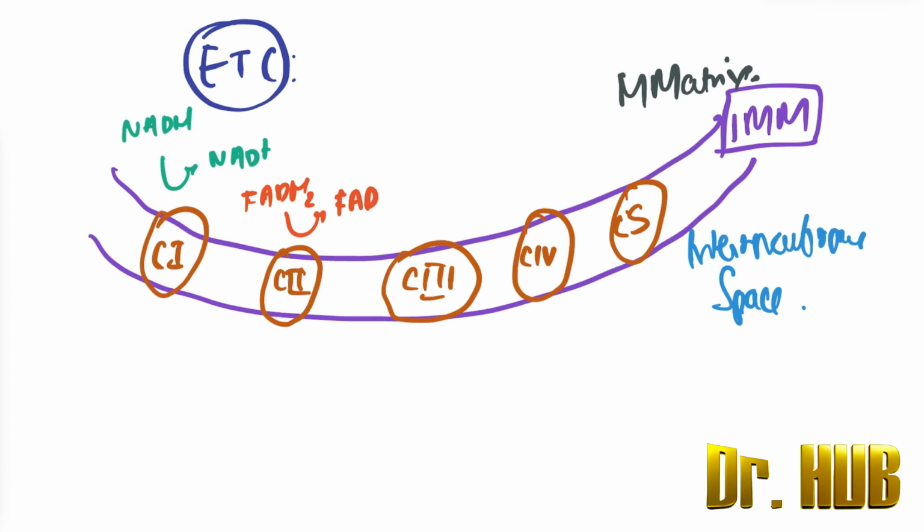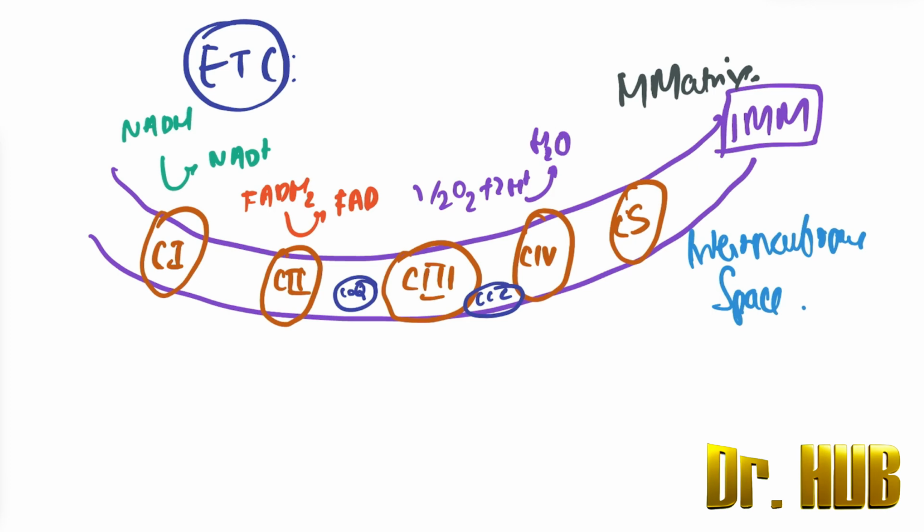Next in C3 there is the presence of CoQ, as well as cytochrome C between C3 and C4. We are writing it as Cyt C. Here there is also half oxygen along with 2H leading to H2O.